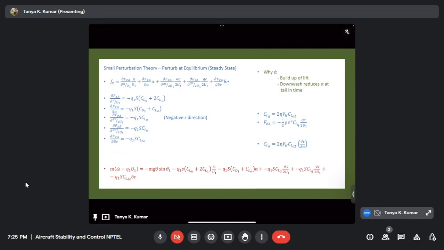Then another parameter that contributes is the downwash. What was downwash? Can someone tell me?